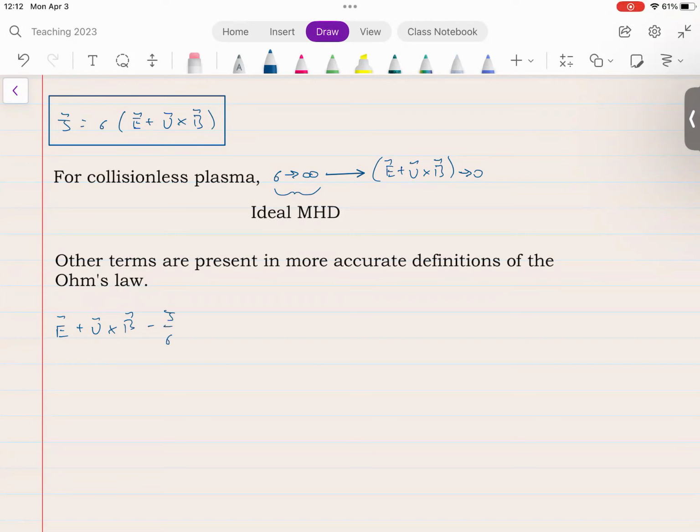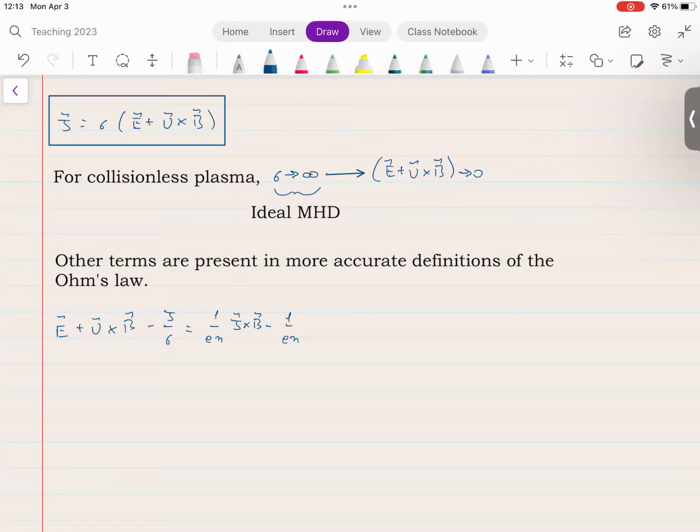So that's the Ohm's law that's on top of the page. Is equal to, and here are all the other terms, and it's not 0, but 1 over e n times J cross B minus 1 over e n, and the denominator is the same, not accidentally, for all these extra terms.